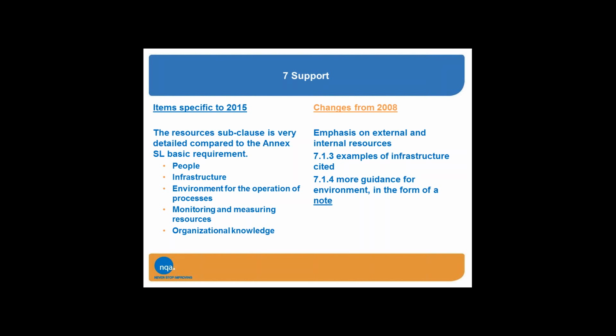Just to point out, a note in the standard is guidance. It's not a requirement. So there's some quite useful guidance around infrastructure and environment in the 2015 standard. But largely this clause 7 support is covering the 2008 clauses 6 and 7.6. 6 addressing resources, 7.6 addressing calibration, control of equipment.